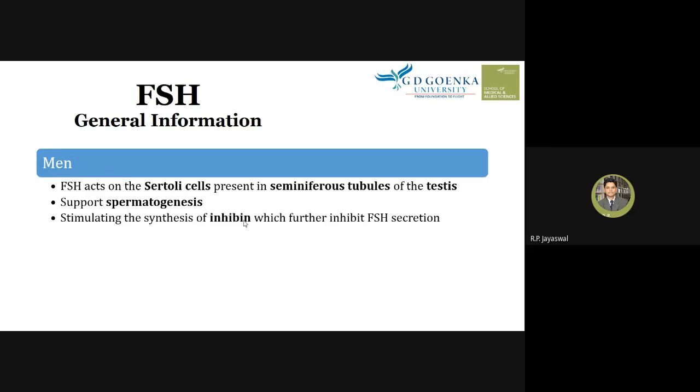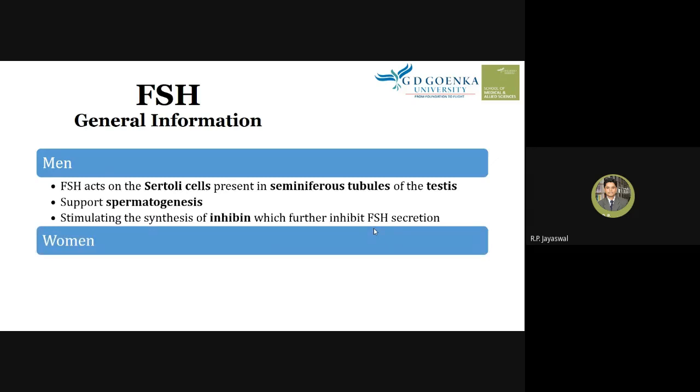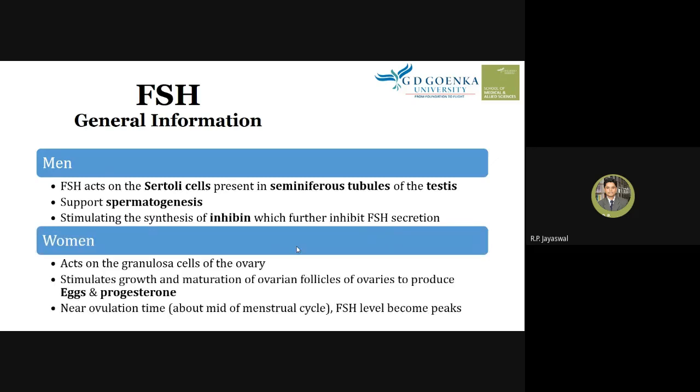So inhibin is the hormone produced in the testis, and this inhibin further stops the secretion of FSH from the anterior pituitary gland. In women, FSH acts on granulosa cells of the ovary, where FSH stimulates growth and maturation of ovarian follicles.